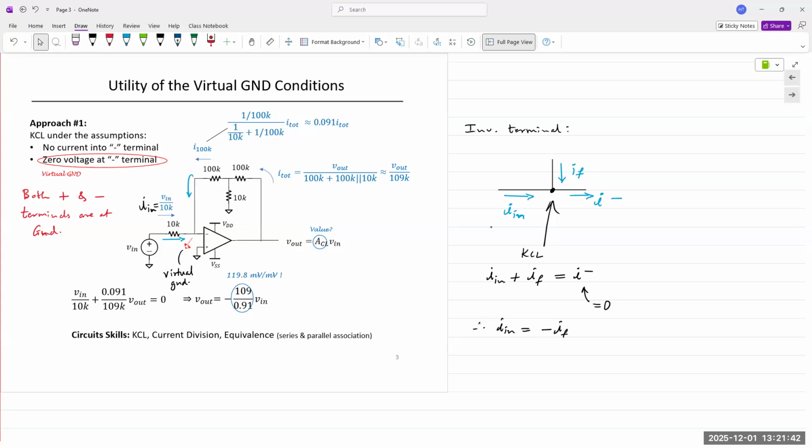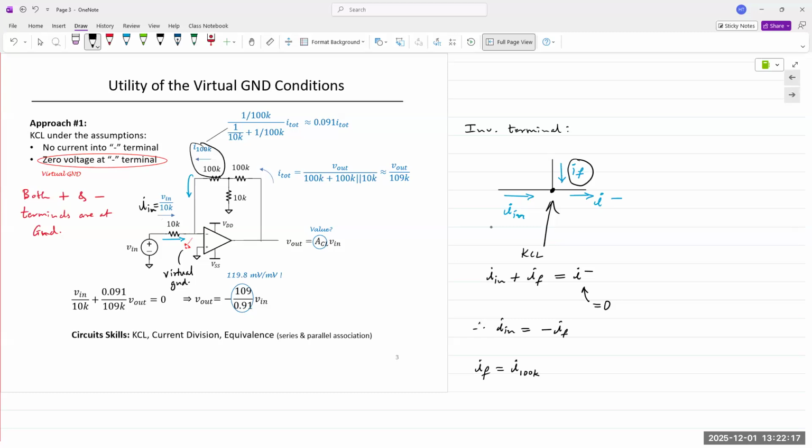So if we wish to find the actual current that is being fed back into the circuit, we can write IF, the feedback path, is the I100K. That's this current right here. Now that current is coming from I total, so it's a fraction of I total.